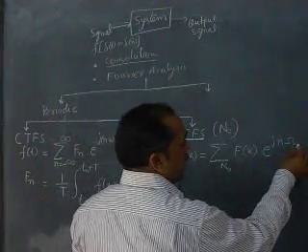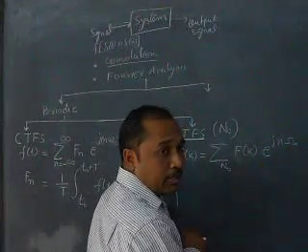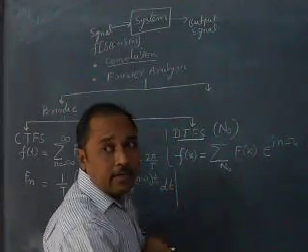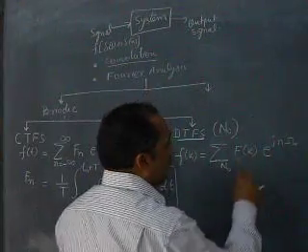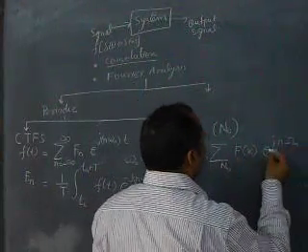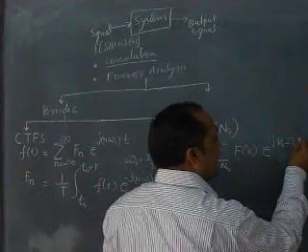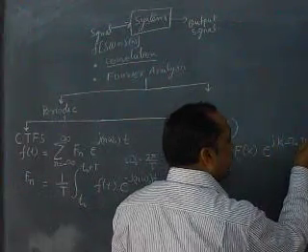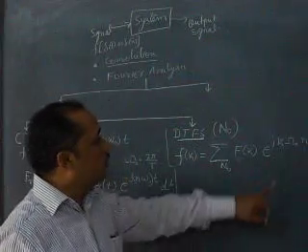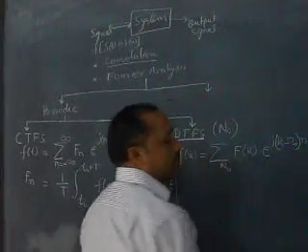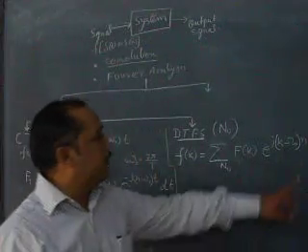Now n omega naught t will be replaced by n Ts, normalized here, and Ts is considered as 1. Since we have considered k, this will be multiplied by k and t will be replaced by n Ts, so this will become j k omega naught multiplied by n.